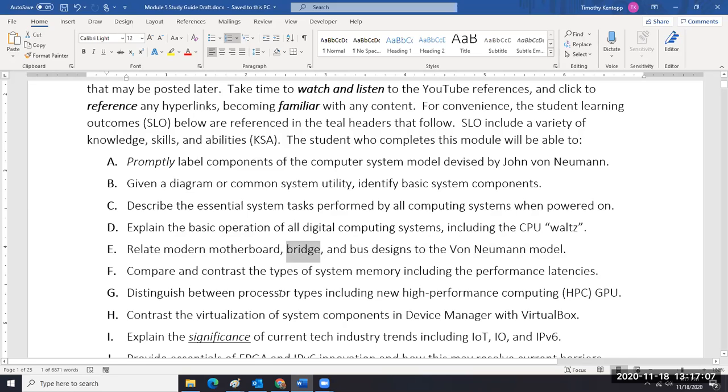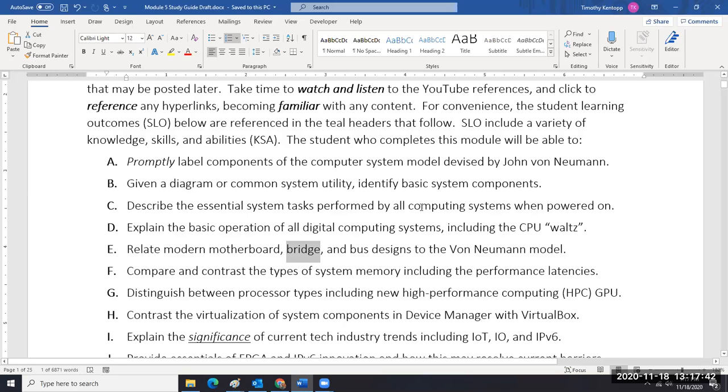Does anybody remember how we distinguish North Bridge and South Bridge? Okay, North Bridge is where all the data are being processed. Well, there is data processed on both bridges, so that would be a partial answer, but we want to distinguish between North Bridge and South Bridge.